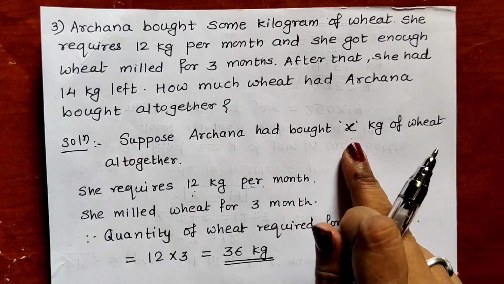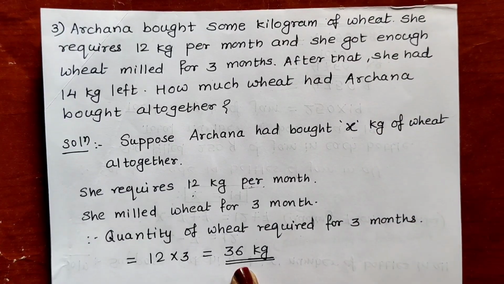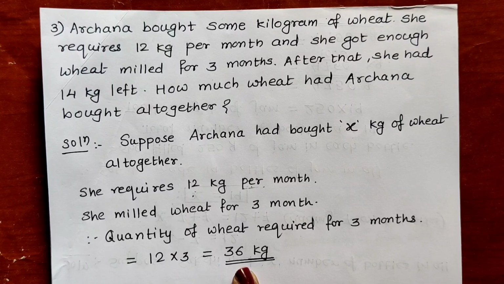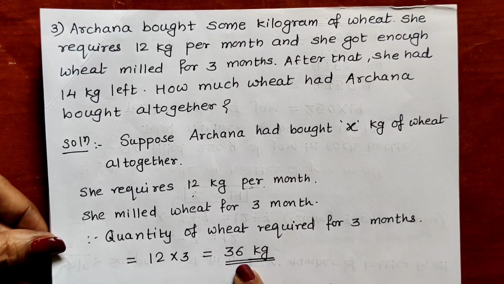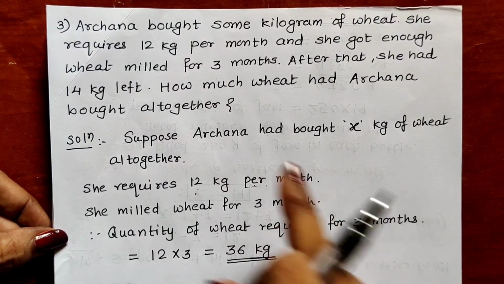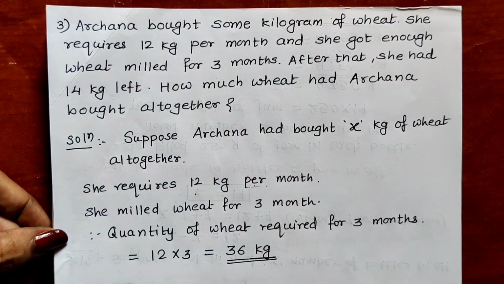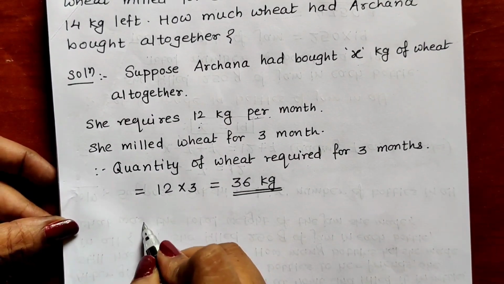She had bought X kg of wheat. From X kg, 36 kg she had milled. She went to the mill, she had milled 36 kg of wheat, but after that also 14 kg is left, 14 kg is remaining. So how to write the equation?